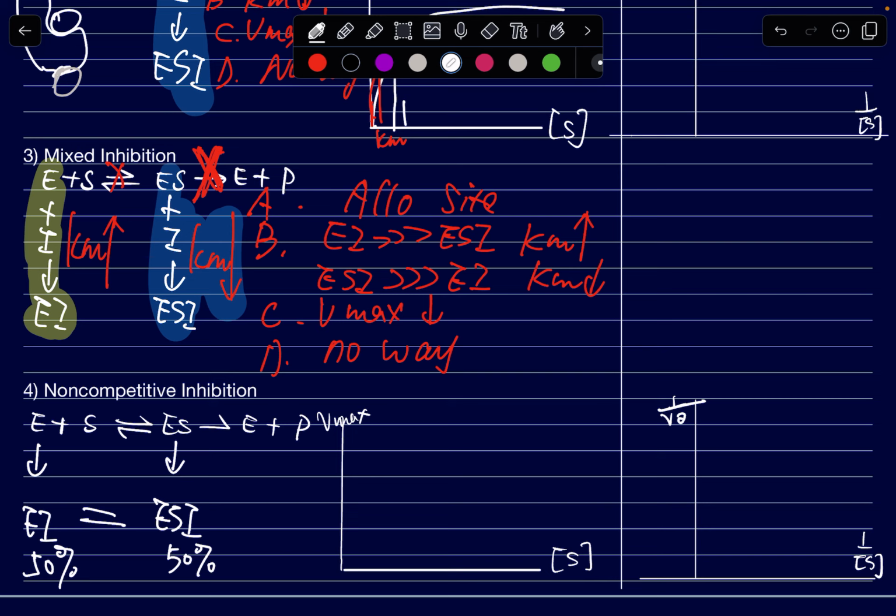And in this case, the Km that got brought up by the yellow case is balanced out by the decrease of Km caused by the blue case. Okay, all right. So, what does that tell us? That tells us the Km actually stays constant in this case, right?